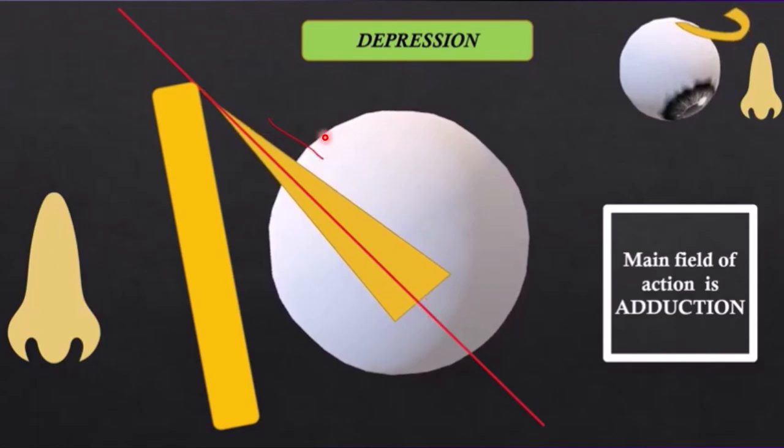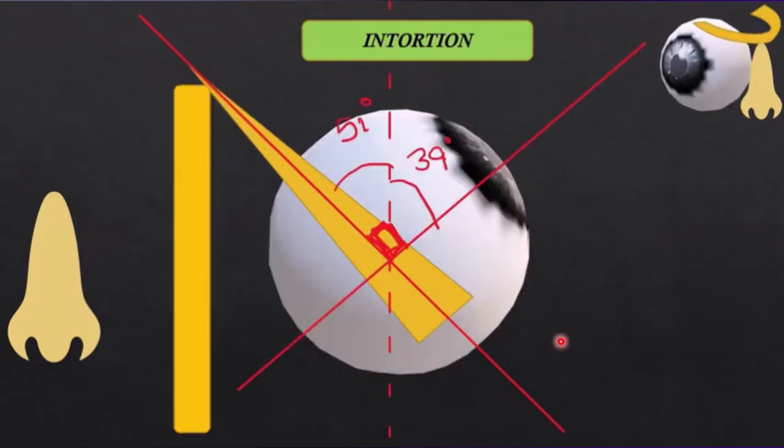See, it's pulling the eyeball like that. Okay, so depression in case of superior oblique. Why? Because the line of pull of the muscle, which is this way, is parallel to the orbital axis, which is this way in case of the adducted eye. So superior oblique, depression. Similarly, inferior oblique.